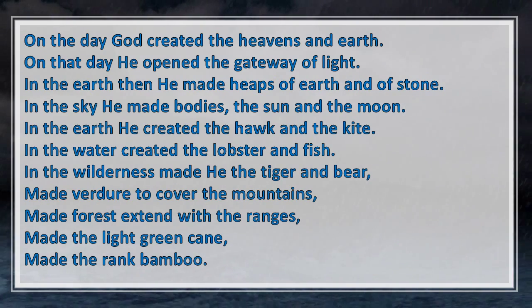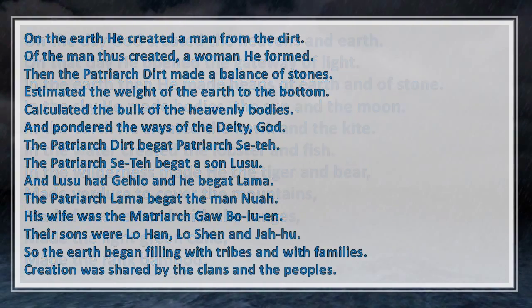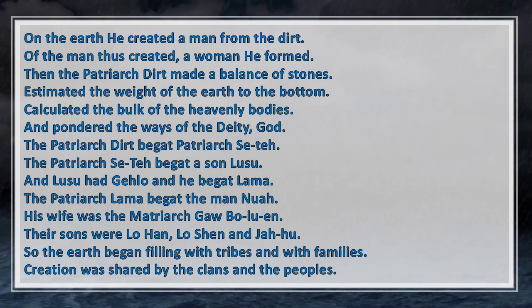In the wilderness made he the tiger and the bear. Made verdure to cover the mountains. Made forest extend with the ranges. Made the light cane green. Made the rank bamboo. On the earth he created a man from the dirt. Of the man thus created a woman he formed.